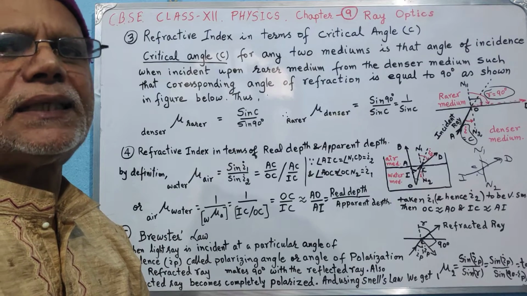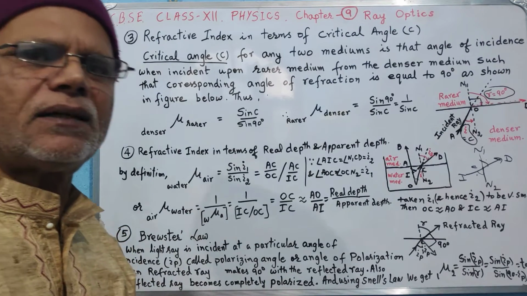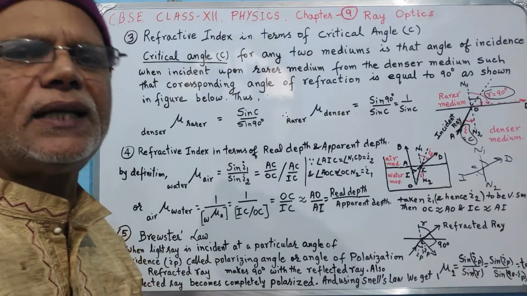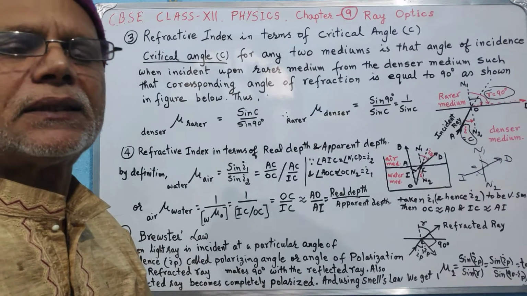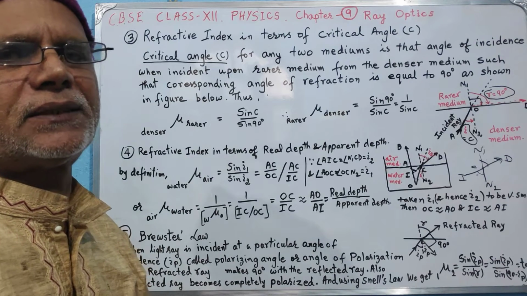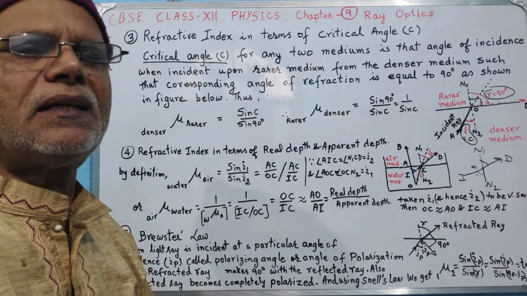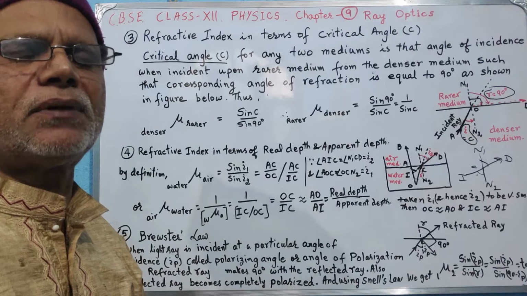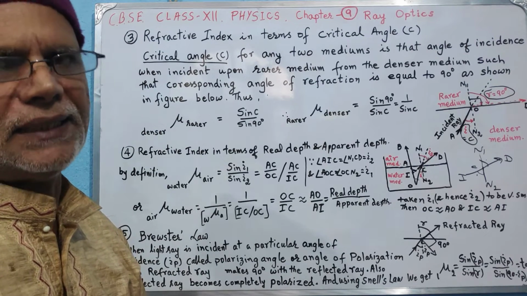So polarization of ordinary light takes place whenever a light ray is incident at a particular angle of incidence, and that particular angle of incidence is known as the angle of polarization or polarizing angle.